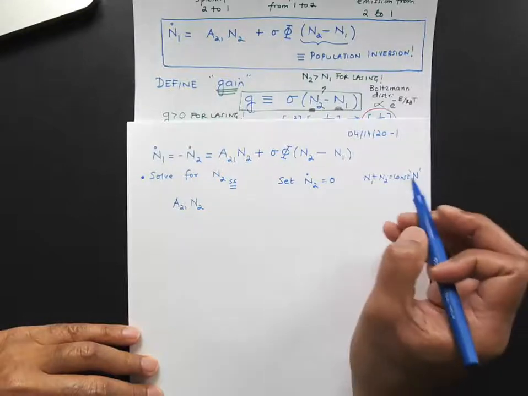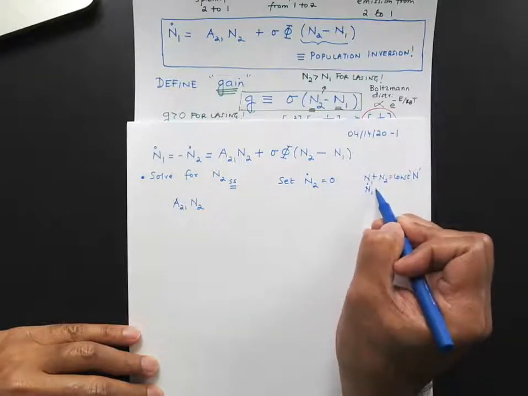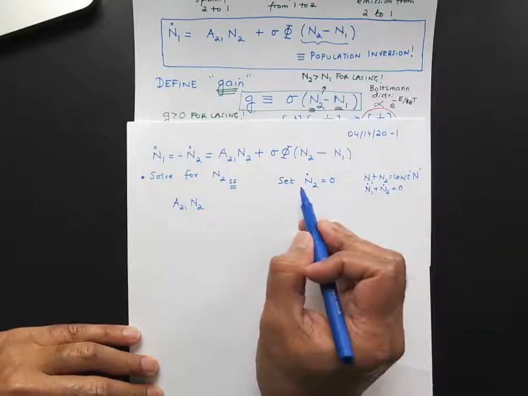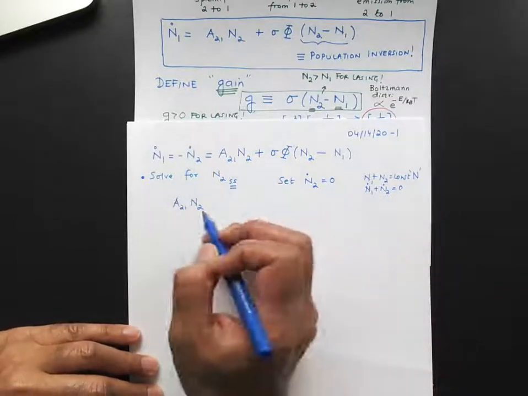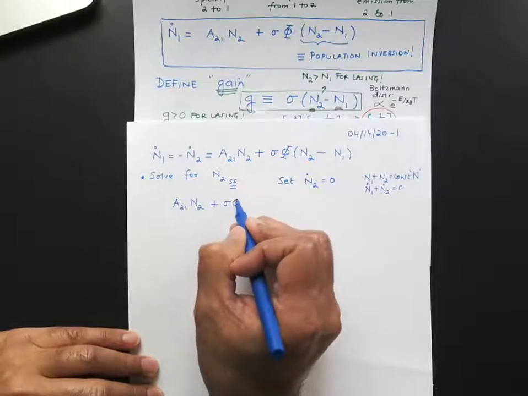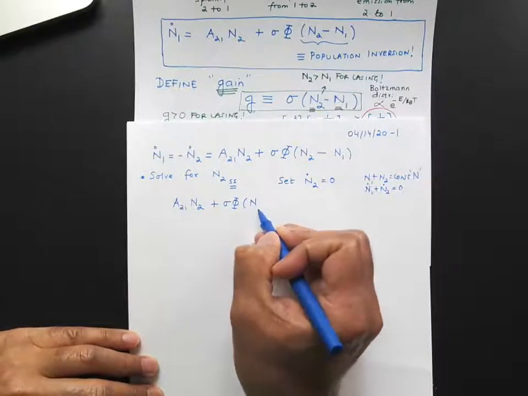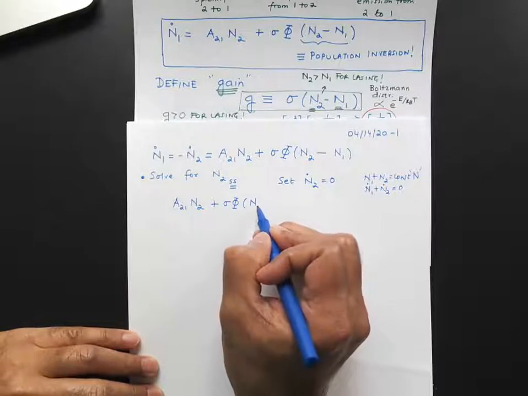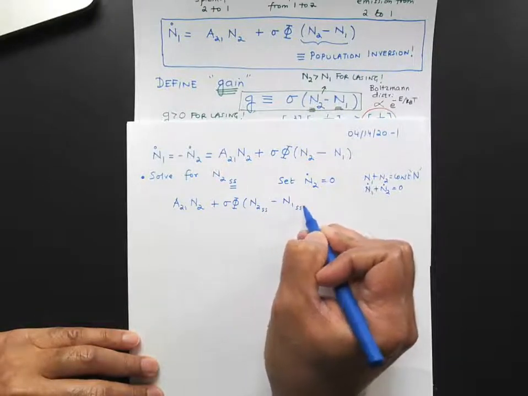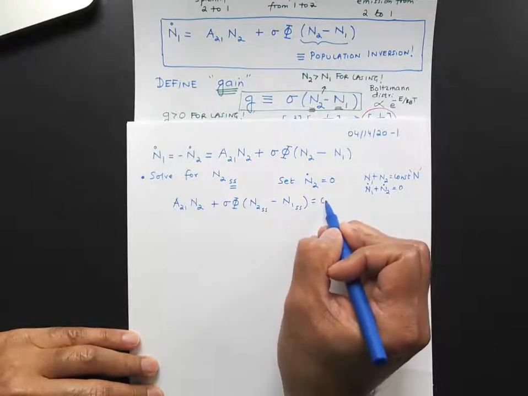That's the total N. And of course, that means N1 dot plus N2 dot is 0. So this is 0, that means N1 dot is also 0, obviously. But anyway, this means that the sum here, and these are now the steady state values, is equal to 0.